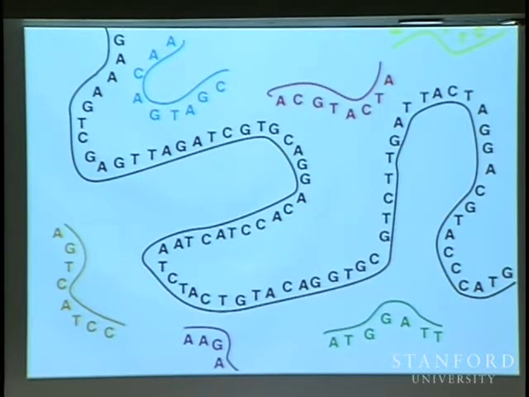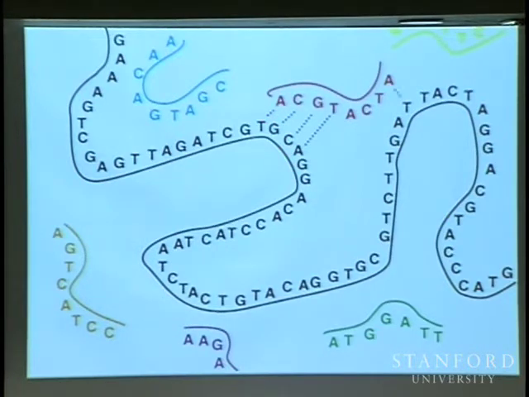And then what makes them come together? That is a subtle question, but A's stick to T's chemically, and C's stick to G's. So A sticks to T, C sticks to G, G sticks to C. For the left half of this molecule that I call a staple, it's designed by computer to bind to one part of this long strand.